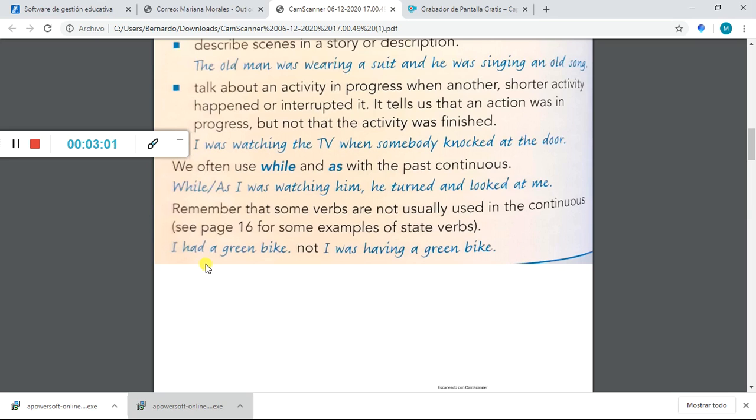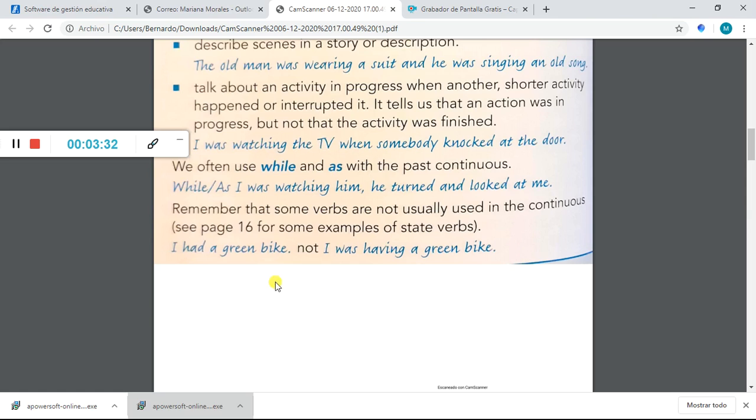For example, I had a bike, I traveled in 1999. The actions are complete. And the idea is that they are not simultaneous like these ones. Or if I say, for example, I went into my kitchen and then I took some bread to eat. The actions are not simultaneous, they are one after the other. If they are not simultaneous, they both go in simple past.